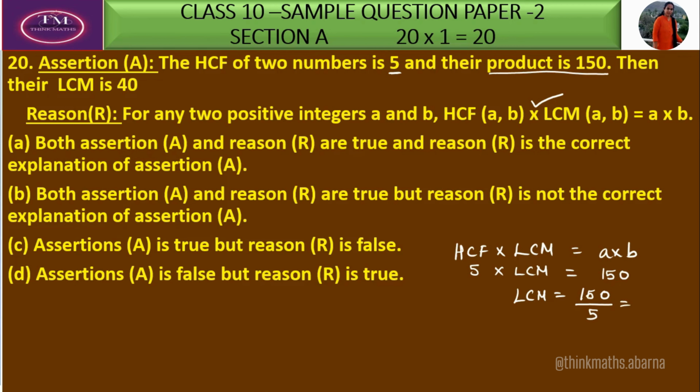So 3 5s are 15 and 0. So the answer we are getting is 30. But they are saying the LCM as 40, which is wrong. So assertion A is false, but reason R is true. So the solution is D.